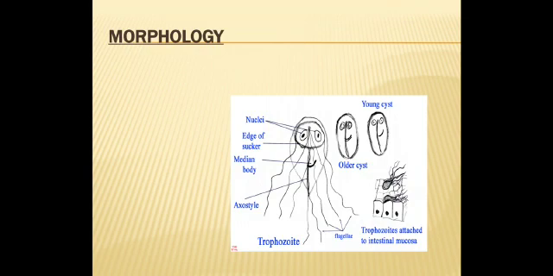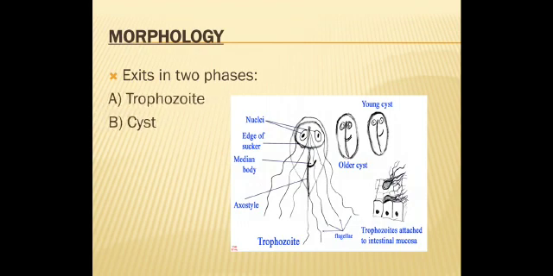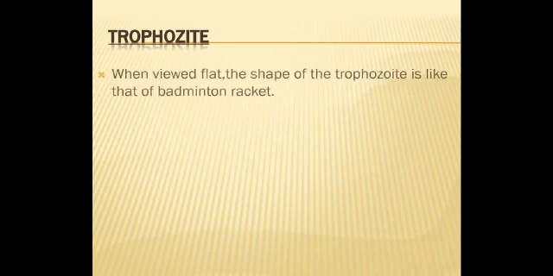Morphology of Giardia. This exists as a trophozoite and a cyst stage. Trophozoite is the motile stage and cyst is the non-motile stage. Trophozoite will be attached to the duodenal mucosa and it remains motile. Now coming to the trophozoite.